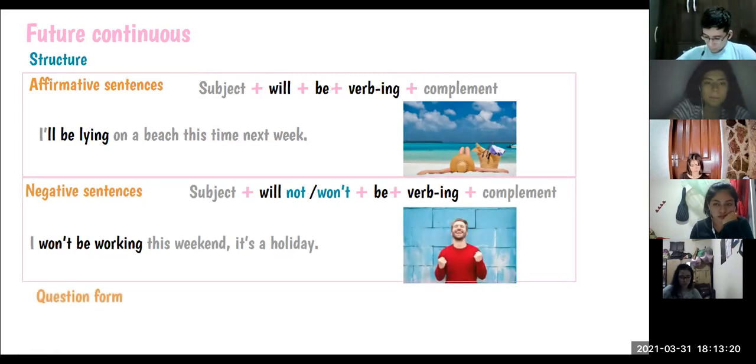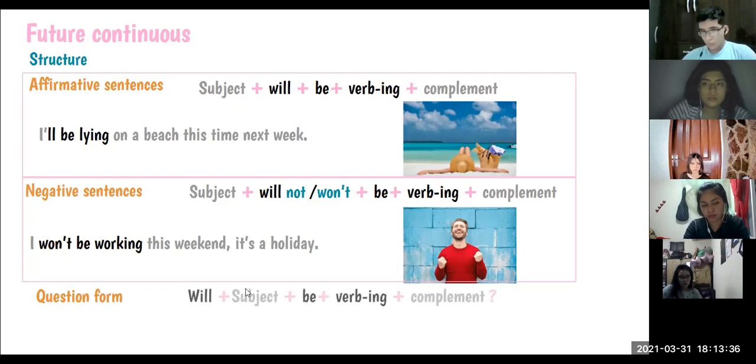Let's go to the question form. What do you think is the question form for the future continuous? Will, subject, be and verb ing. Yes, very good. So you need to change the position of the subject and will.